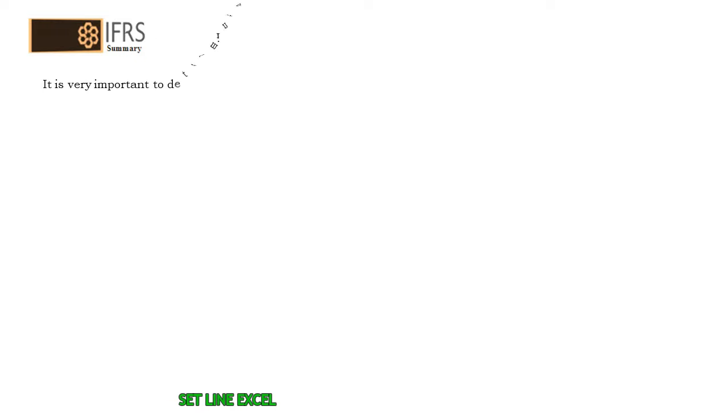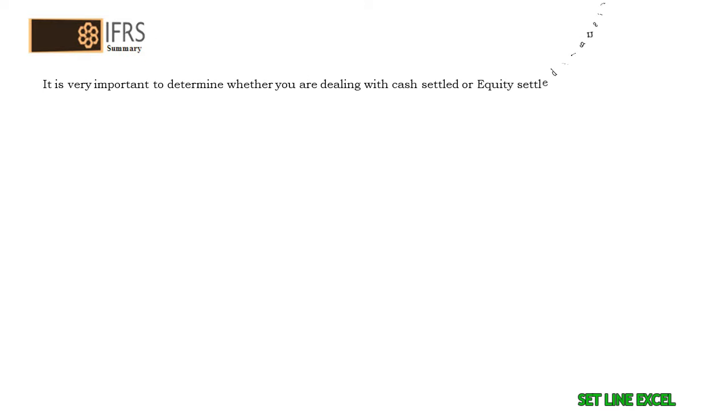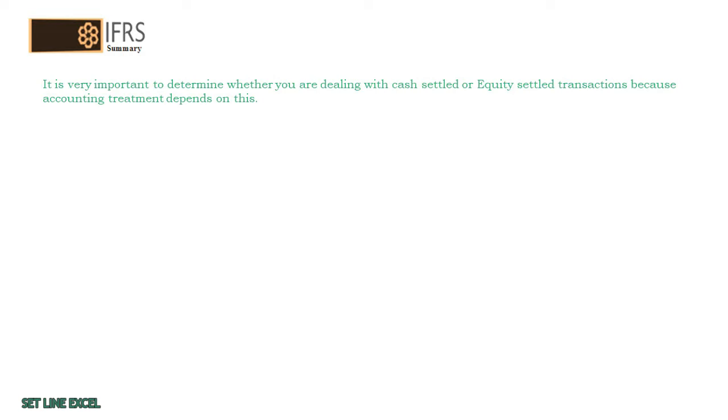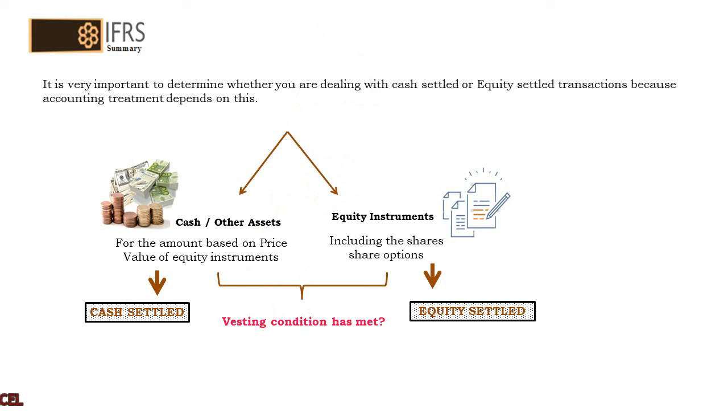It is very important to determine whether you are dealing with cash settled or equity settled transactions, because the accounting treatment depends on this. If the transaction is other than cash settled, we need to know whether the vesting condition has been met.